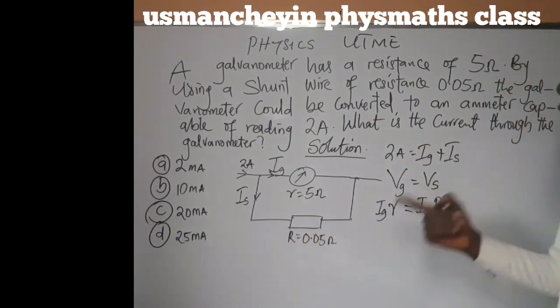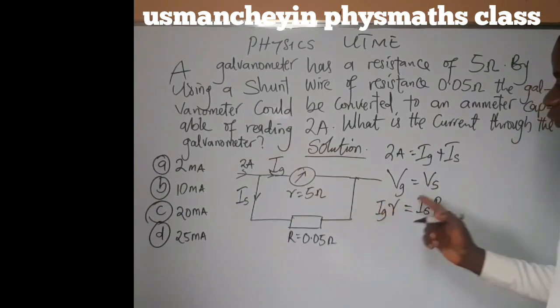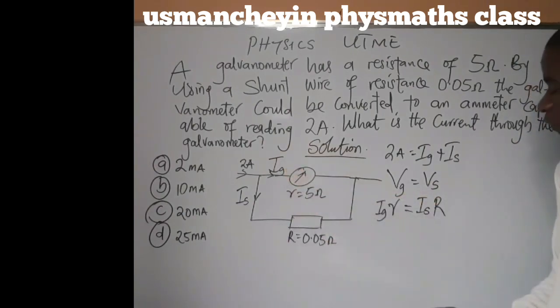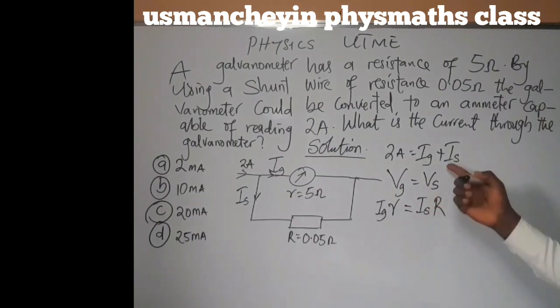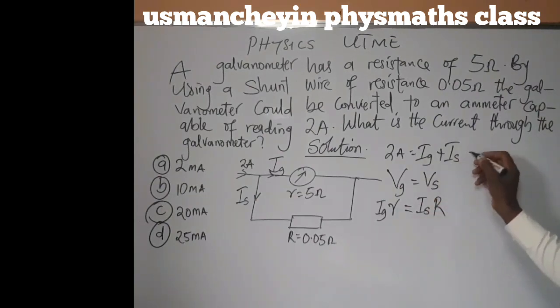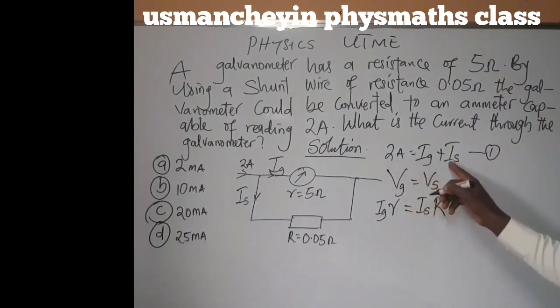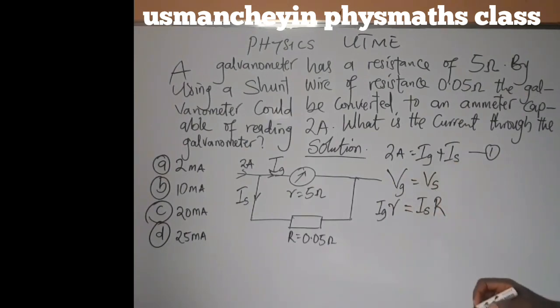But in our question, we are required to calculate the current that runs through the galvanometer, that is I of G. But what then is our I of S? We fall back to the first equation and make I of S the subject of the formula.